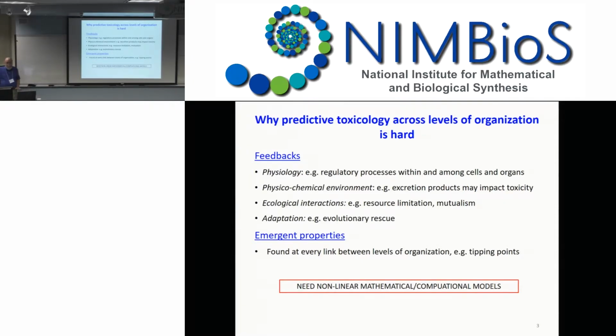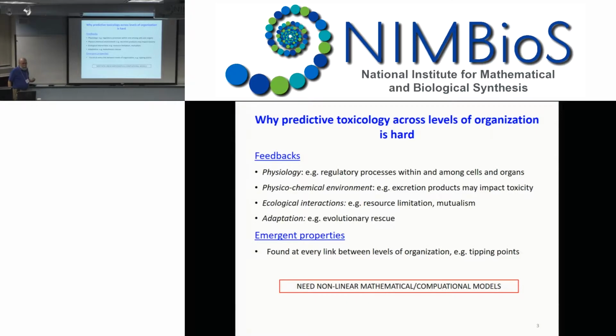There are interactions with the physicochemical environment, and that came up briefly in some of the discussion at the end of yesterday afternoon. There are ecological level interactions, resource limitation, mutualism, and so on, which, again, we've been talking about here. There is adaptation. Organisms adapt to stressed environments, and there are many documented examples of that.